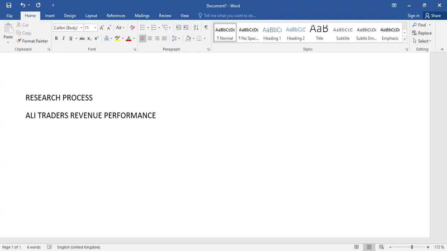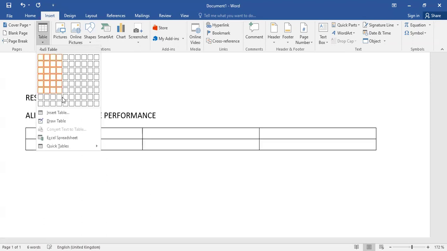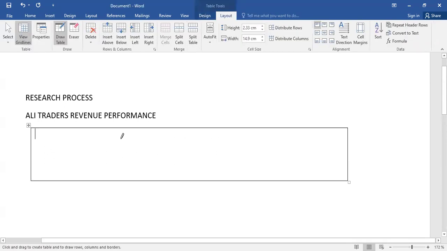So let's start a table here. Let me insert a table here so that we understand well what this revenue performance is about.